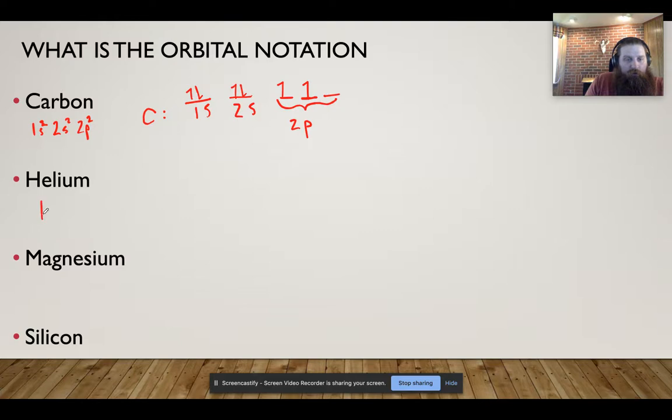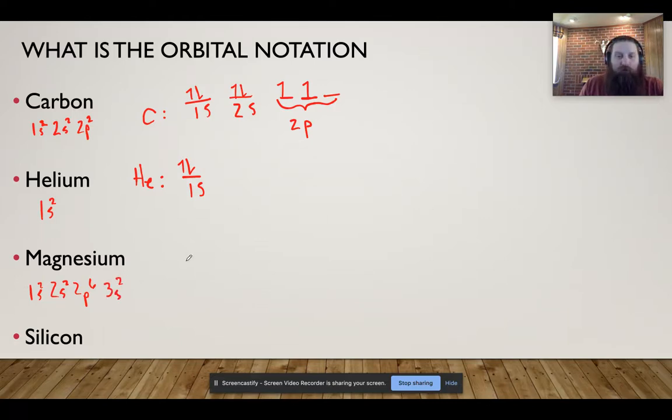Helium. We know the electron configuration is 1s2, so its orbital notation would be 1s up and down. They're spinning opposite of each other. Magnesium, all right, is 1s2, 2s2, 2p6, 3s2.